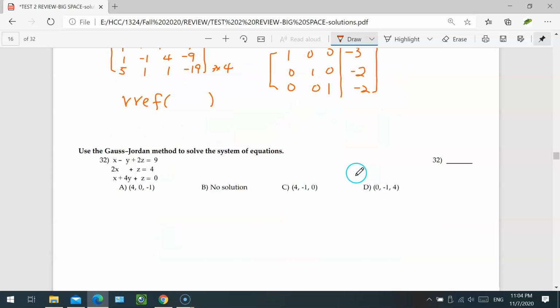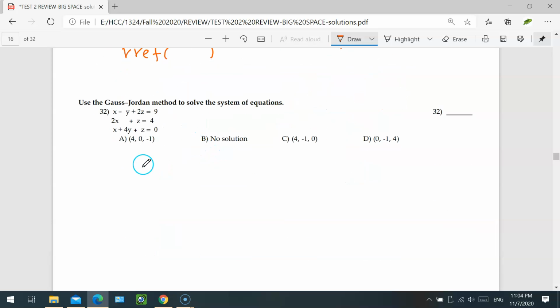Number 32, use the Gauss-Jordan method to solve the system of equations. Okay, our test is multiple choice. So some of the questions give the method and ask you to solve a certain way.